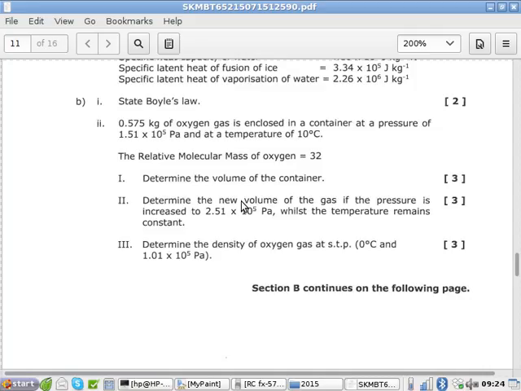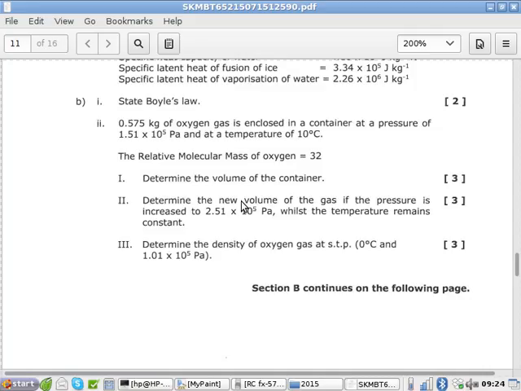V equals nRT over P. Determine the volume of the container. The n will be the kilogram over the relative molecular mass.